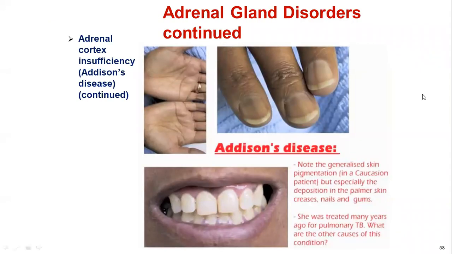So just give a focus here, the picture number 1, the pigmented on the nail, pigmented on the crease, and here pigmented in the gum. So let me read it.